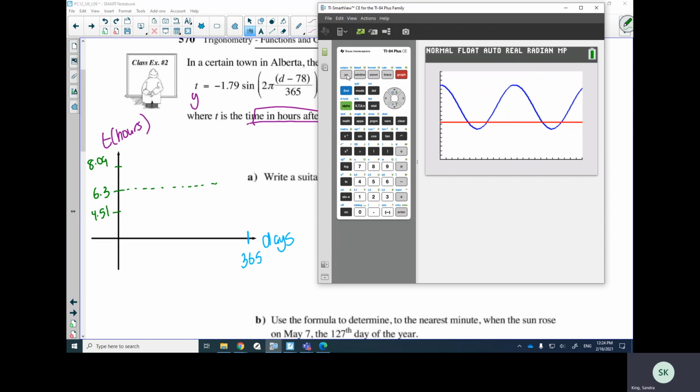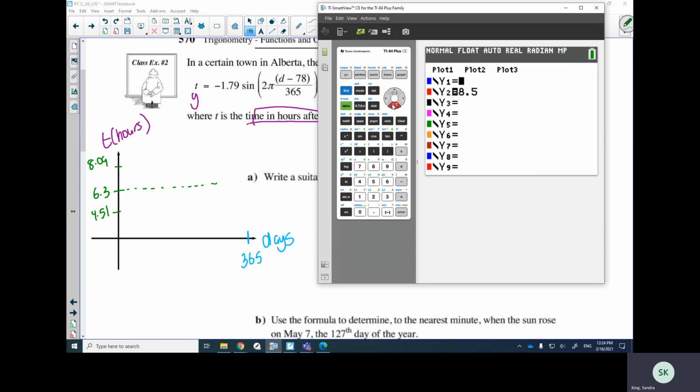So let's go to y equals, let's clear this, and let's type in negative 1.79. Again, I just want to type it in exactly as I see this. The sine, the bracket opens, 2 pi. I'm going to open another bracket, x minus 78.